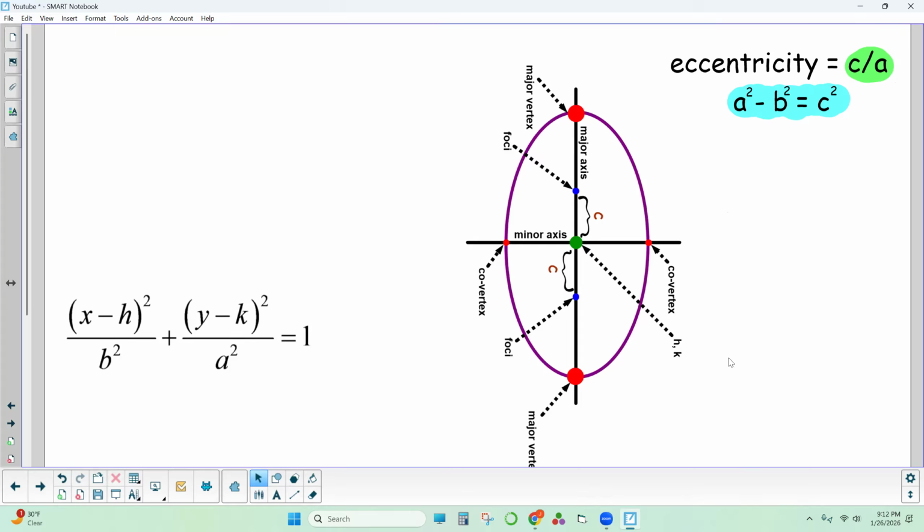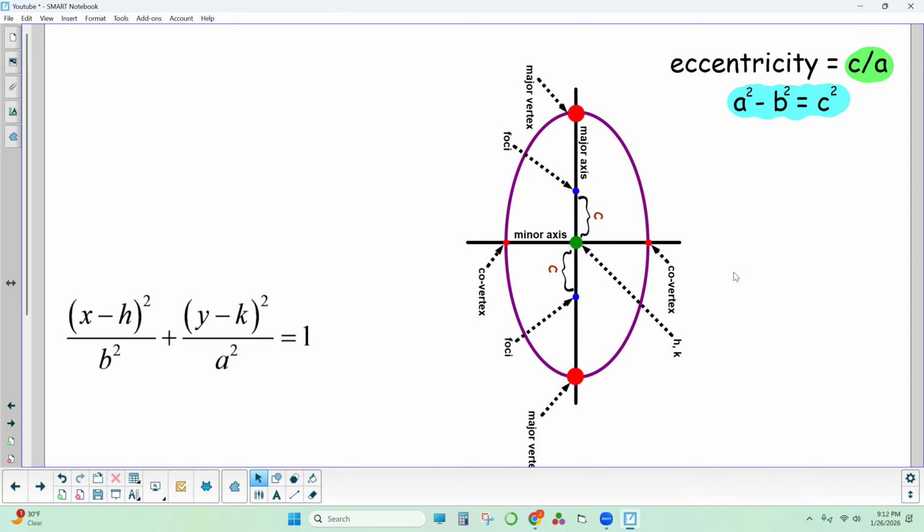Now, a squared minus b squared equals c squared is our focal equation for ellipses. This locates the foci for us.